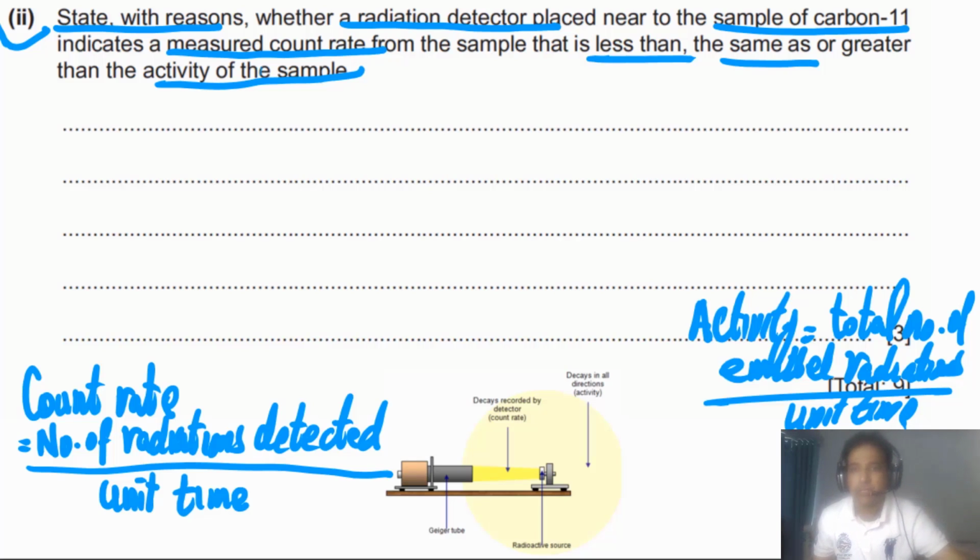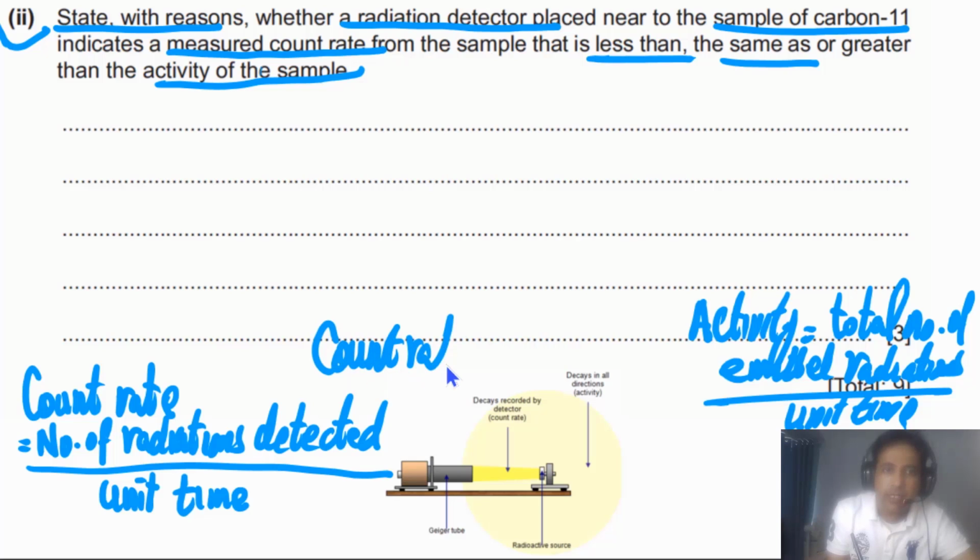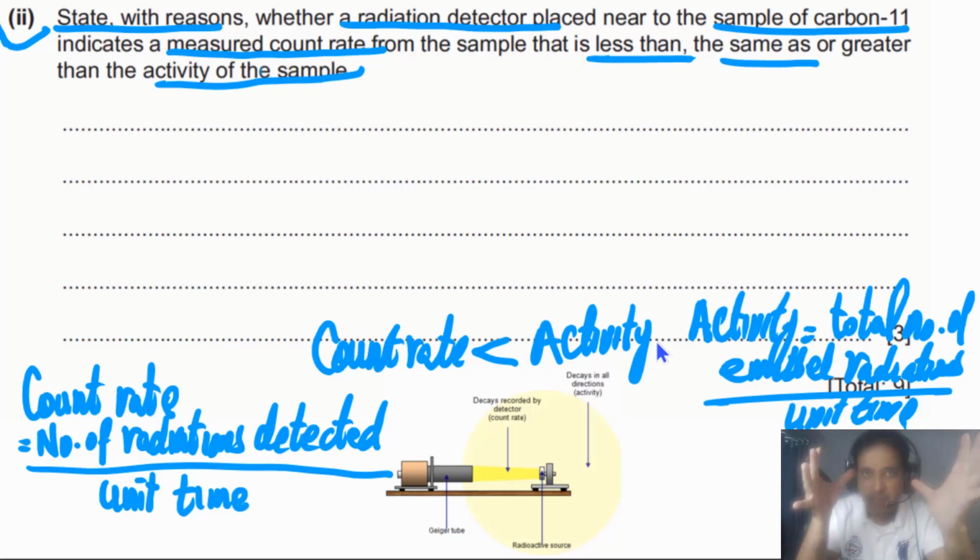Activity is the total number of radiations emitted per unit time, and measured count rate is the number of radiations detected by the detector per unit time. If we have this understanding, now you can say that count rate in this case has to be lower than activity. This is what we can infer if we understand what activity is and what count rate is.